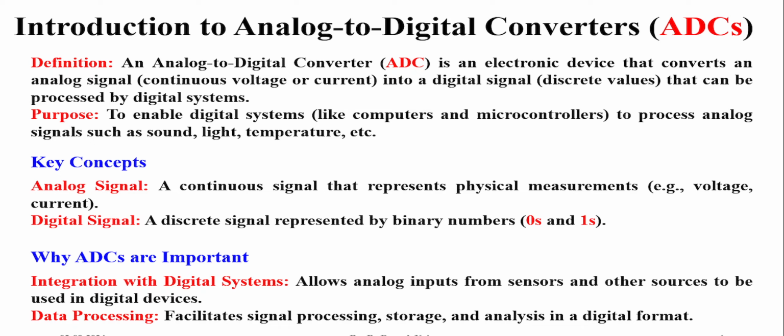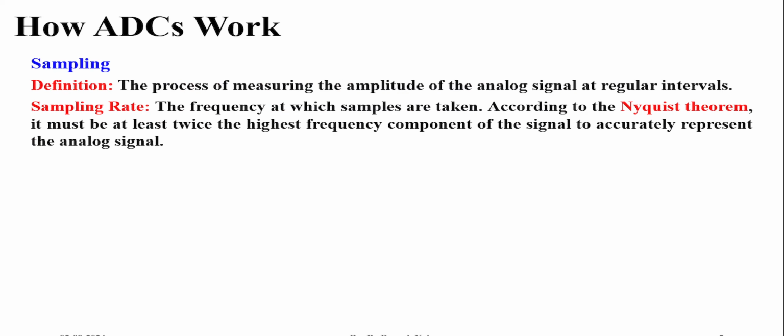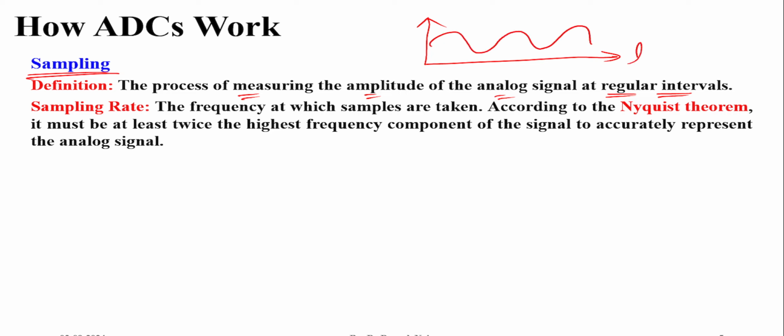Let us talk about the working of ADCs. So ADCs first sample the analog signal. That process is called sampling. Every analog signal is first sampled, and that process is nothing but measuring the amplitude of the analog signal at regular intervals. So we have two parts of a signal. For example, if we have an analog signal, then we have time and amplitude.